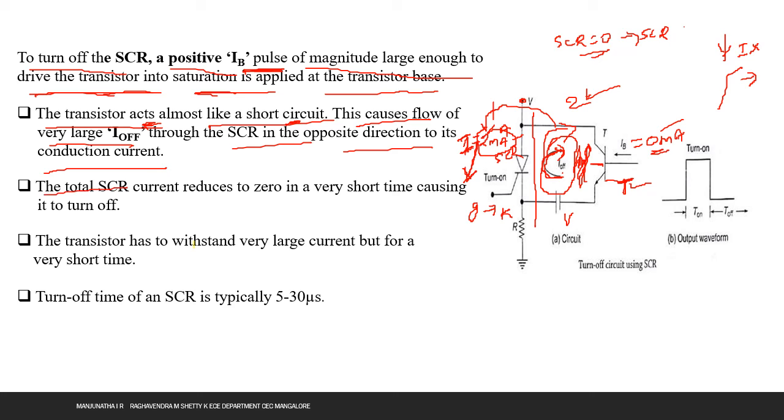Second point, the total SCR current reduces to 0 in a very short time, causing it to turn off. Because of this, the SCR turns off in a very short time. Turn on and turn off both take very short time.